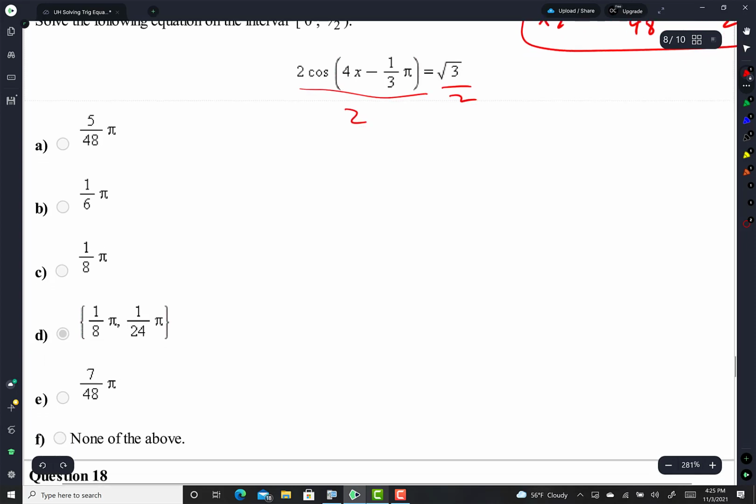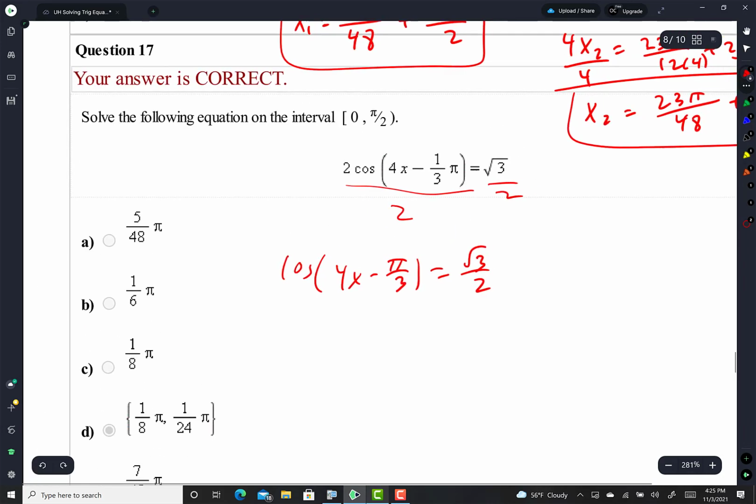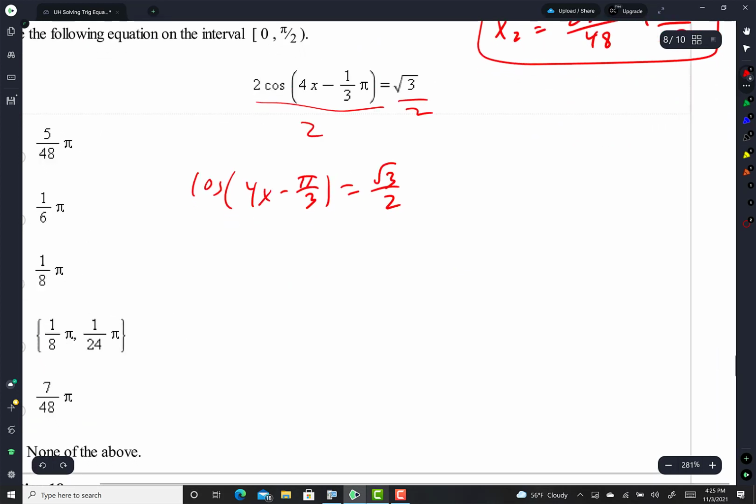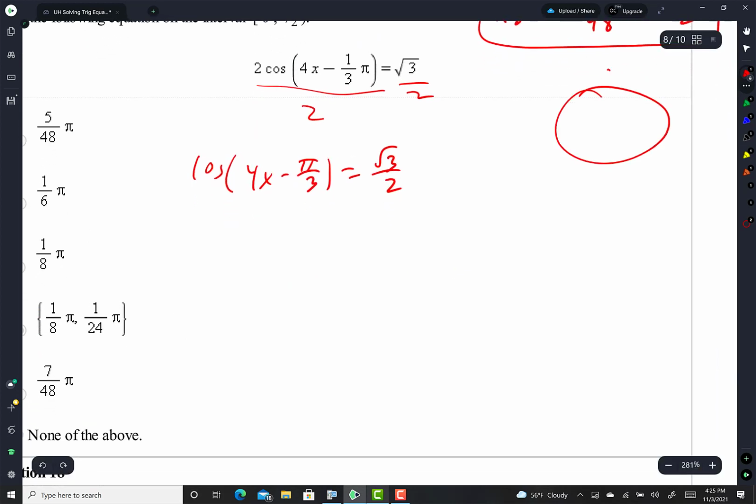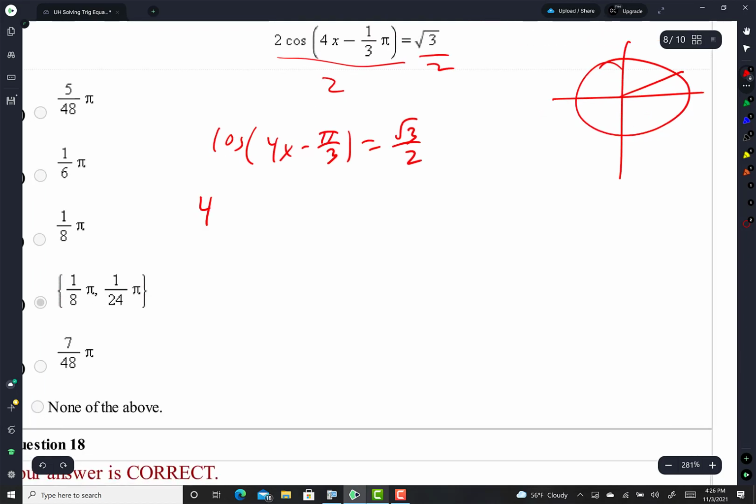So I'm going to divide both by two here. So I have cosine 4x minus pi over 3 equals square root of 3 over 2. And we're continuing with the theme. I'm going to use my unit circle here. Square root of 3 over 2 at pi over 6 there. So 4x minus pi over 3 equals plus minus arc cosine of square root of 3 over 2, which you could have just written pi over 6 plus 2 pi n.